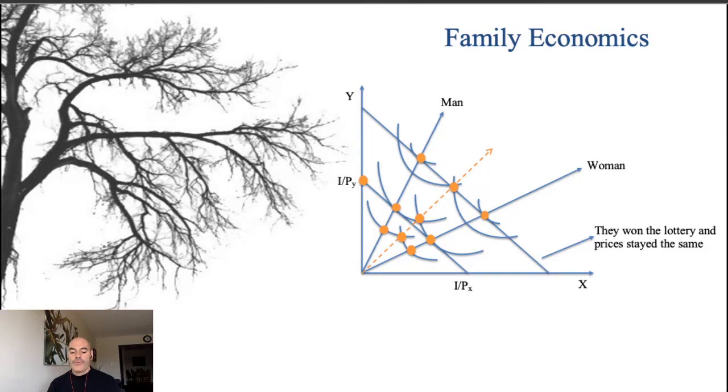So I would like to start with a declaration. Based on this graph in front of you, you can see that man and woman are not the same based on their preferences. So let me drive this point home before concluding this presentation.